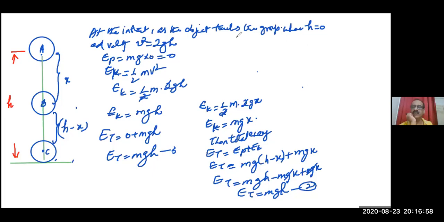Graph of this energy change. Law of conservation of energy. Is it over? Yes, sir, done.